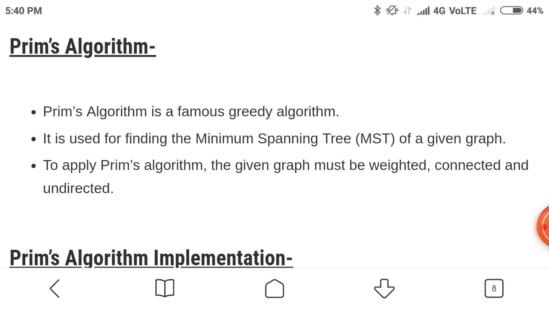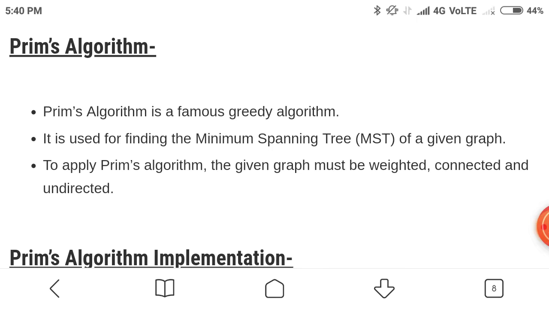I'm just giving some overview of a minimum spanning tree. If you have a given graph, you have to find a tree. The tree means no cycle. One more thing, the number of edges should be the number of nodes minus 1, and there should not be any cycle.